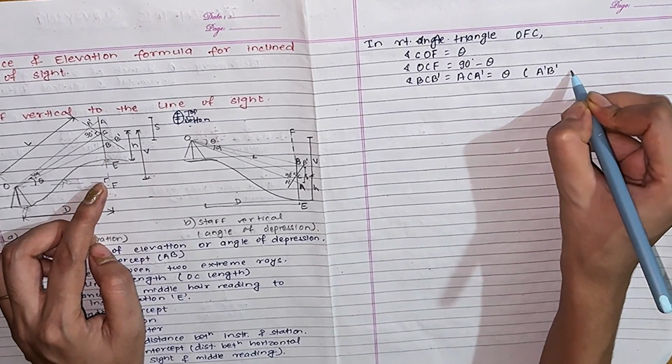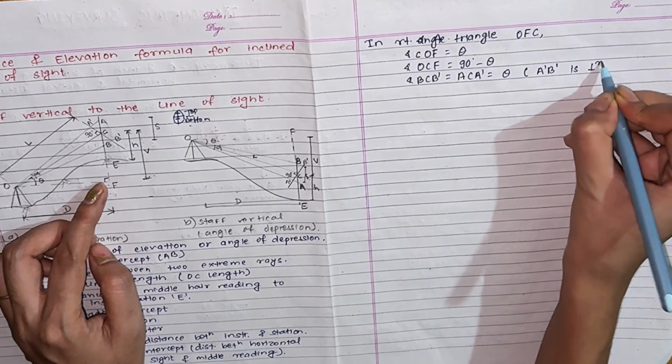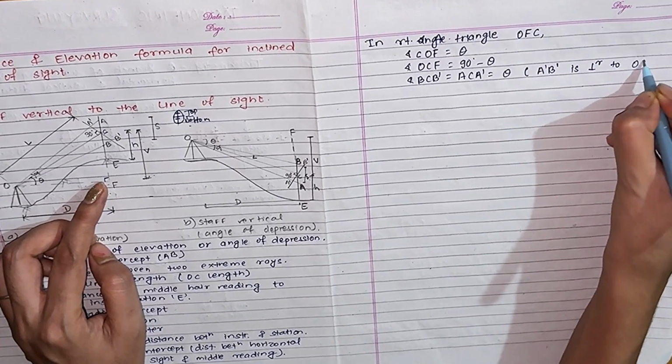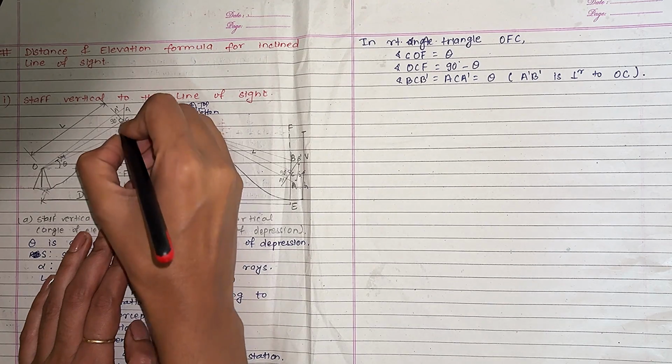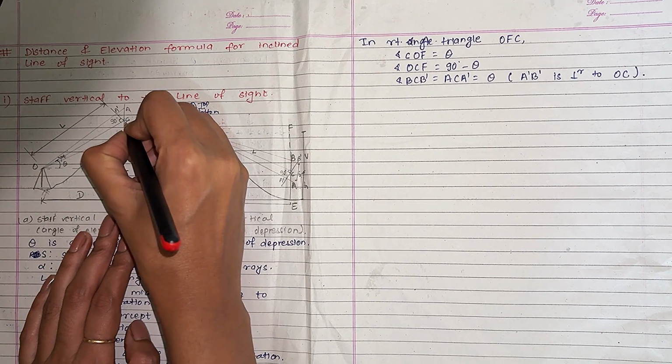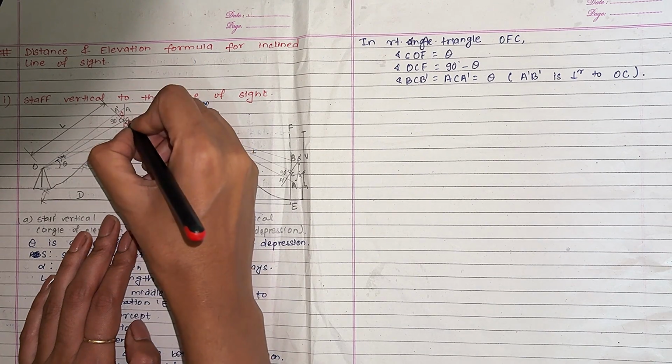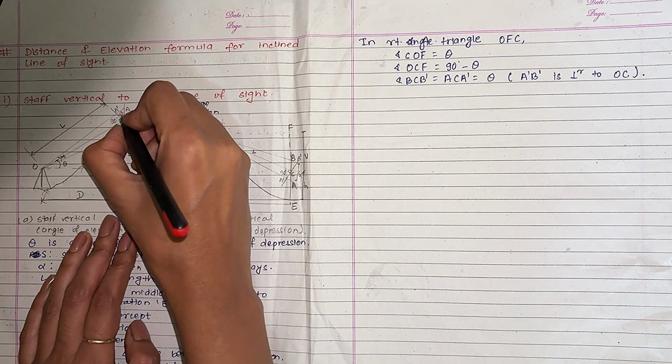A dash B dash is perpendicular to OC here. Since this is angle BCB dash, this is theta, the opposite angle ACA dash is also theta here.